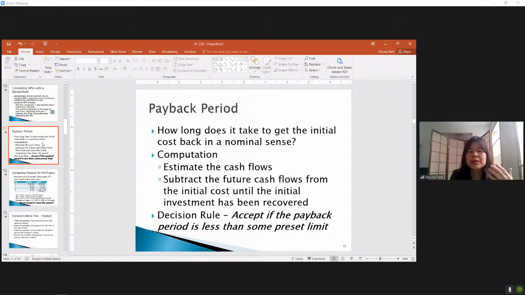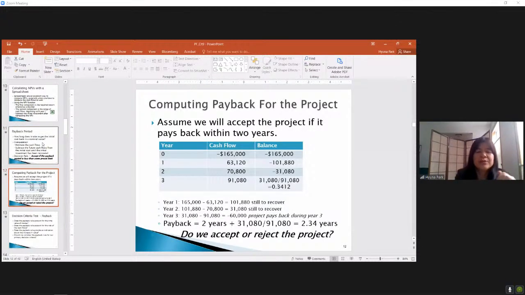So you estimate the cash flows and subtract the future cash flows from the initial cost until all the initial investment has been recovered. The decision rule is: accept the project if the payback period is less than some preset limit.